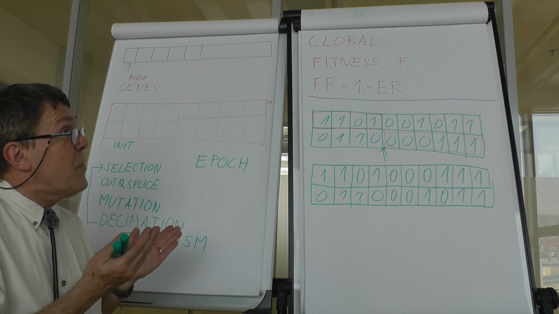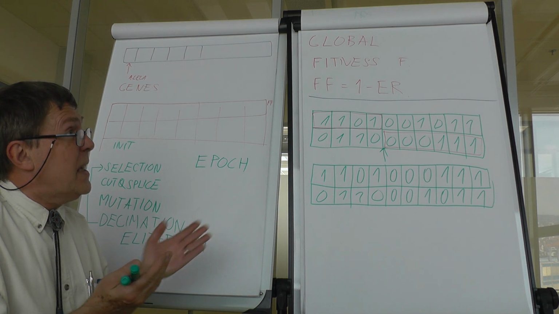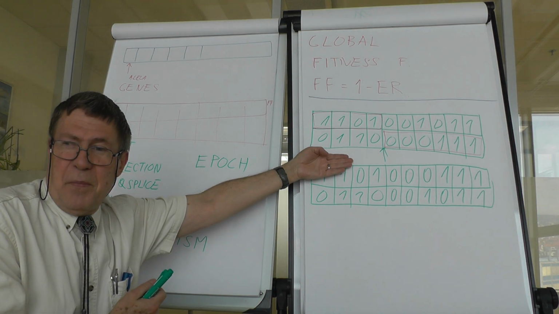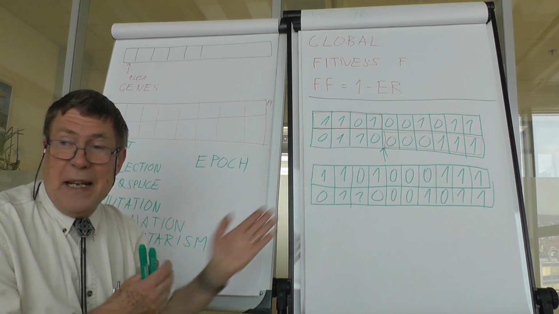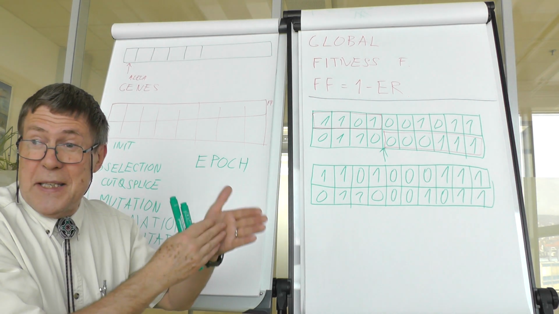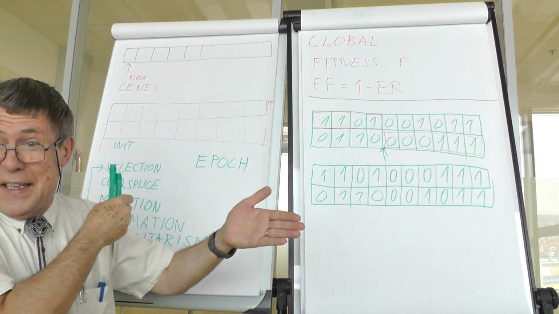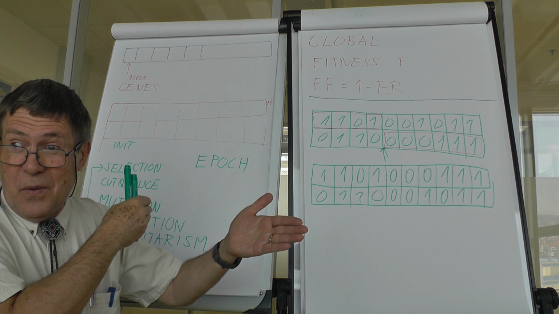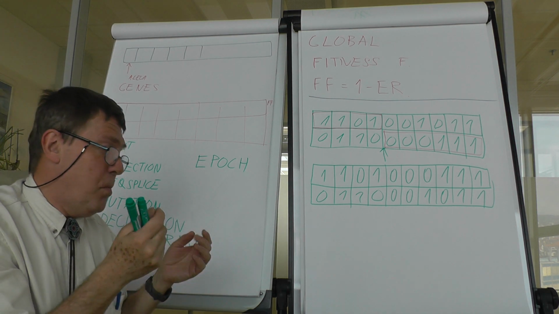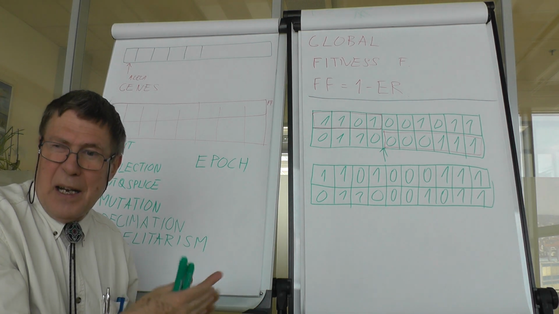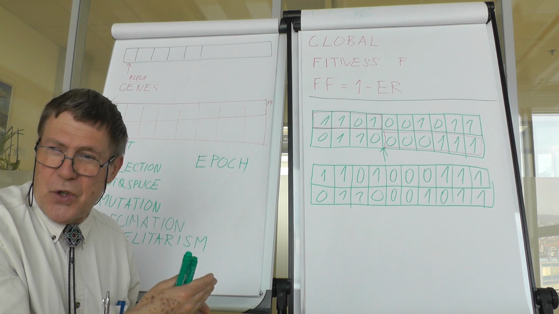The problem with real numbers in this simple algorithm using cut and splice is that you easily cut, for example, the exponent from the mantissa of a number, and then you mostly get a completely useless solution.